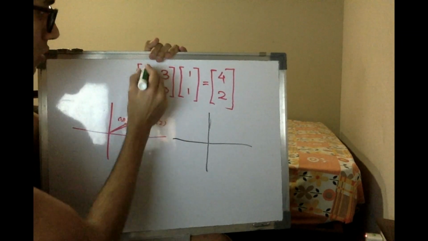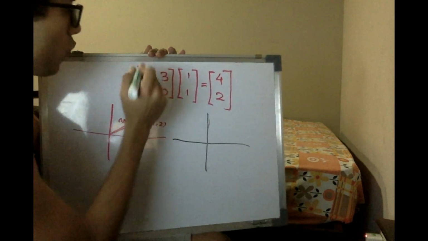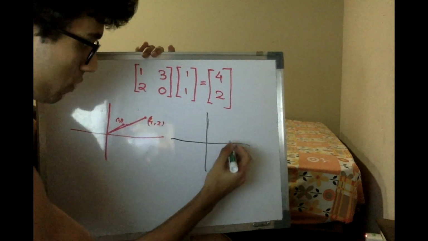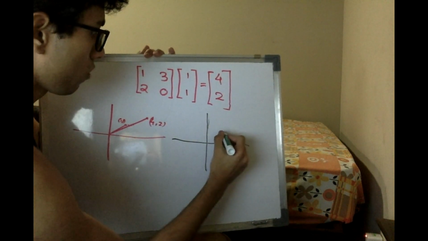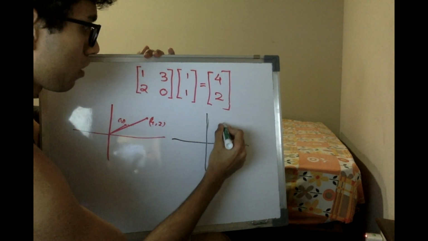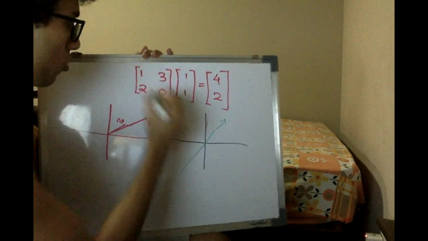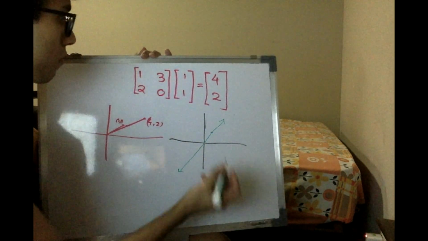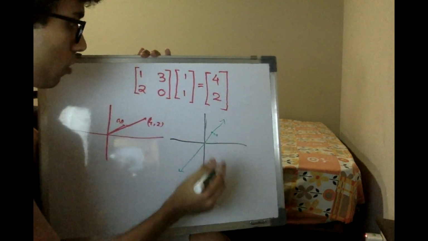And now let's see what the basis vectors do under this matrix. This operator will decide where the basis vectors land. So 1, 2 will be the coordinates for the x-axis basis vector. So this will be my x-axis, which is 1, 2, and my y basis vector will land on 3, 0.